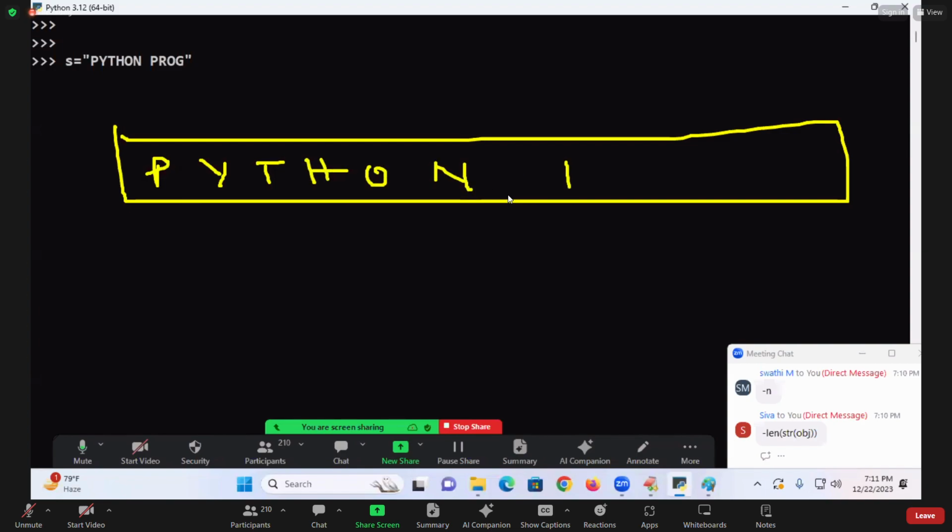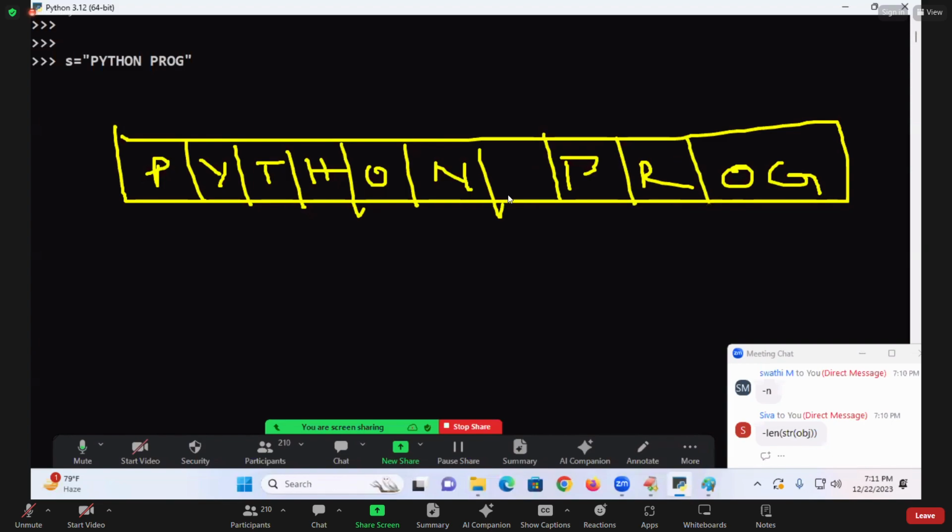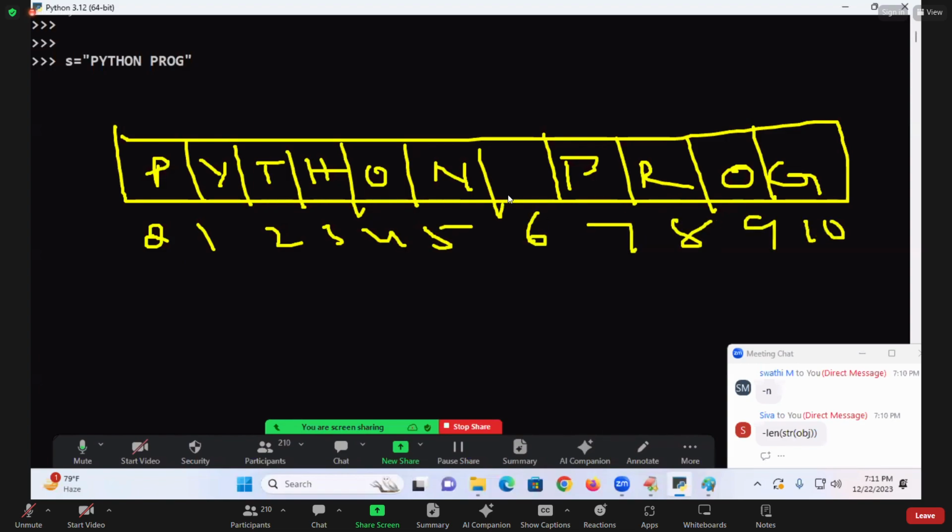PYTHON, space, PROG. Space also takes an index: 0, 1, 2, 3, 4, 5, 6, 7, 8, 9, 10. What is the len of this? 11. 11 minus 1.